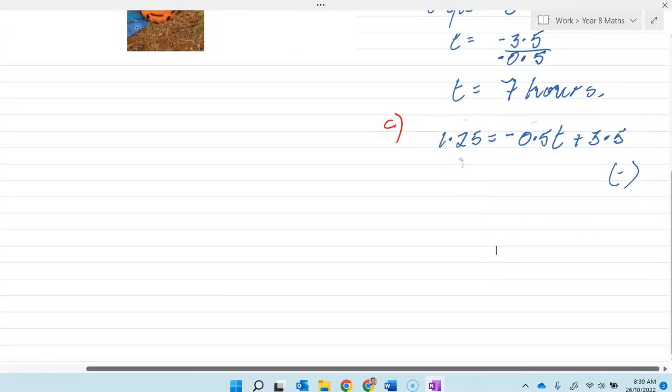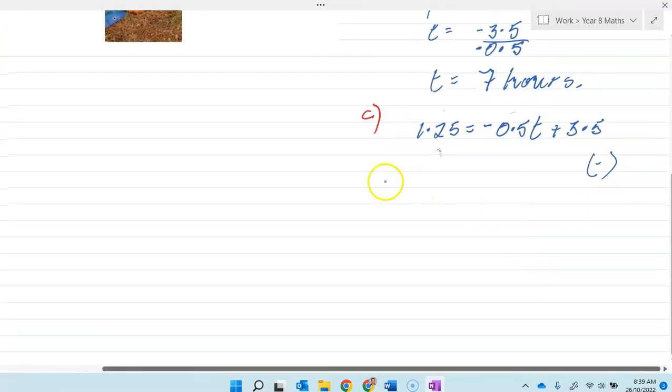So we've got 1.25 minus 3.5 equals negative 0.5t. We want to find how long it would take to get it down to 1.25.